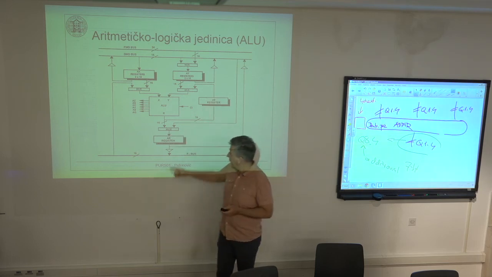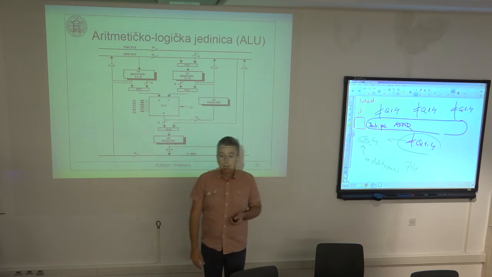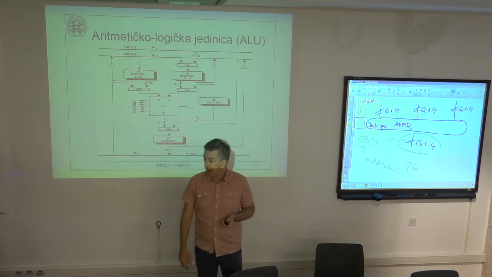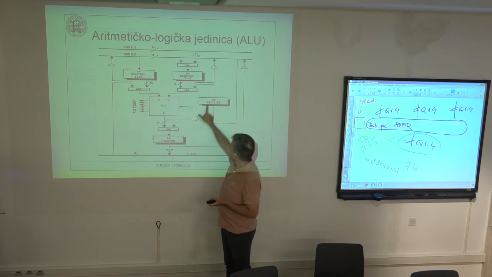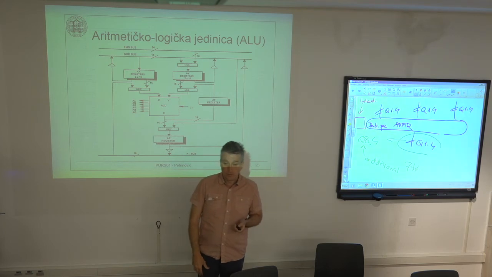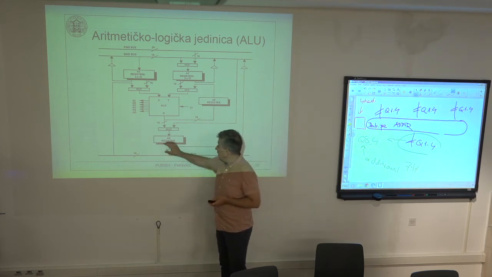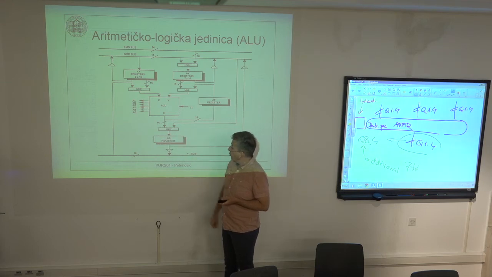This AR is abbreviation for ALU result register, so AR. And this here is abbreviation for ALU feedback, so AF. This AR result is useful if you want to store later on the result into data memory or program memory.